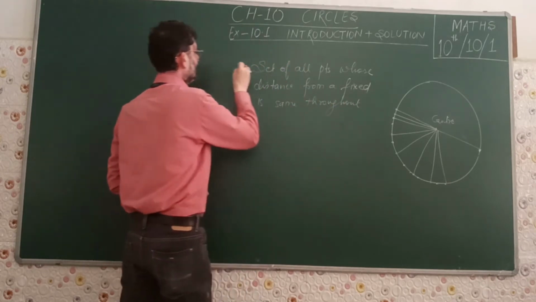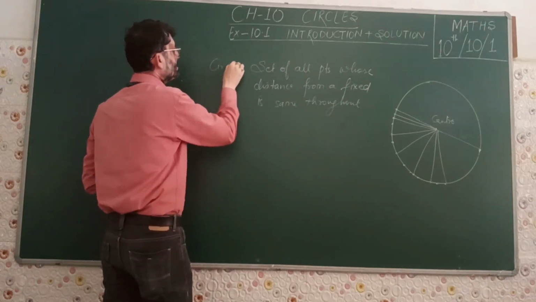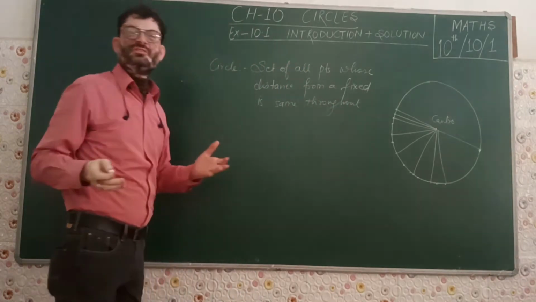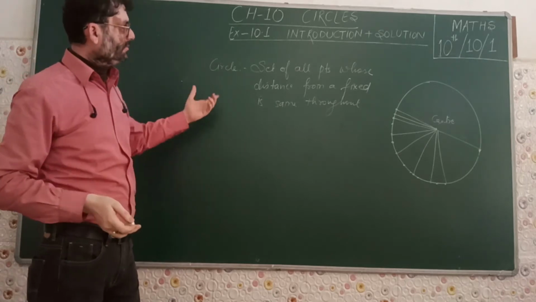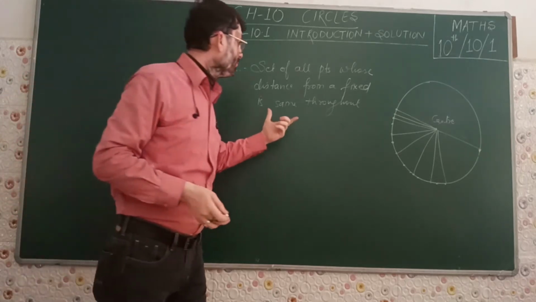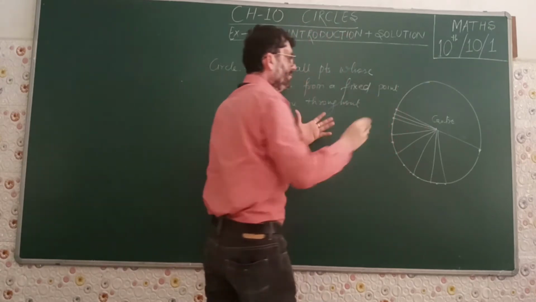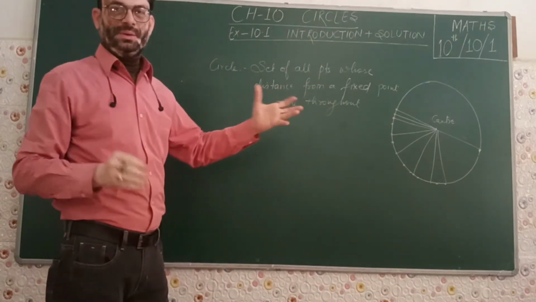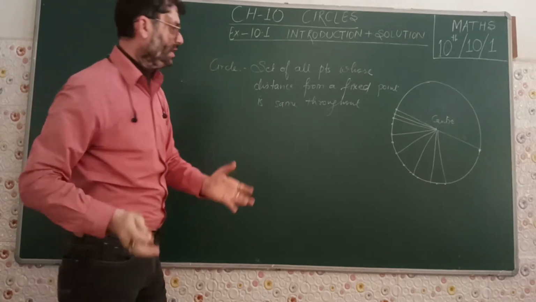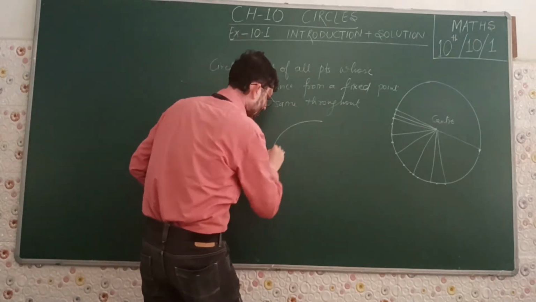This is a sort of, you can say, an explanation or a definition for circle. Set of all the points whose distance from a fixed point is same. Then we get the shape of a circle, that round shape.